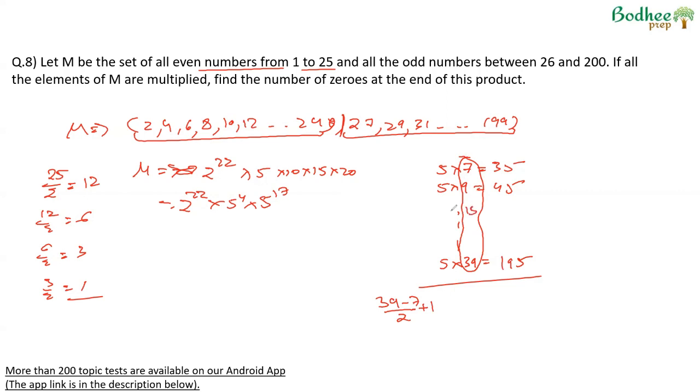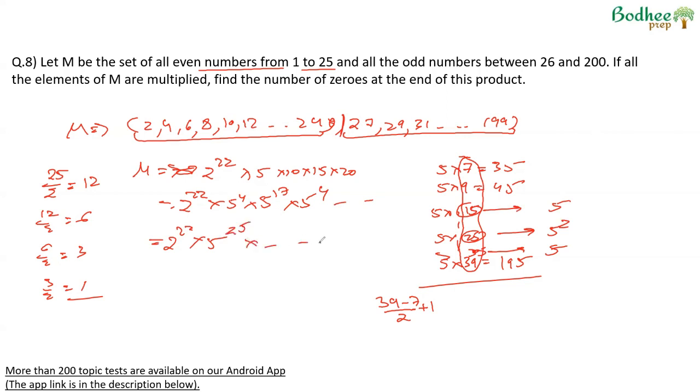So we'll have 5 into 15 somewhere, which will give us another 5. We'll have 5 into 25, which will give us two more 5s. Then 5 into 35, 5 into 30 gives one more 5. So the number of 5s in M will be 5 raised to power 17 for 21 and 25, and so on.